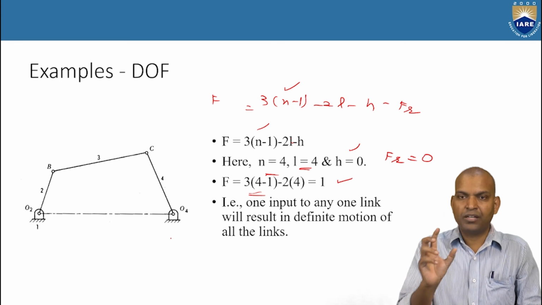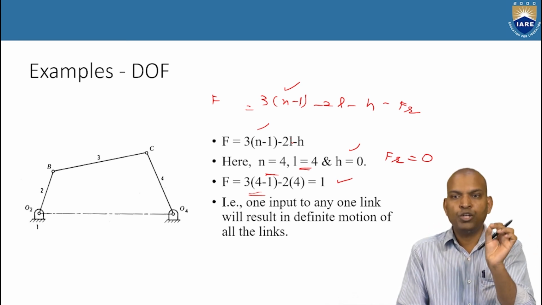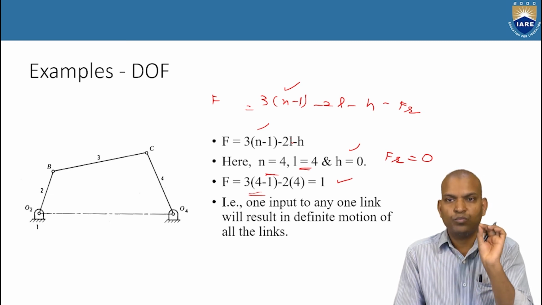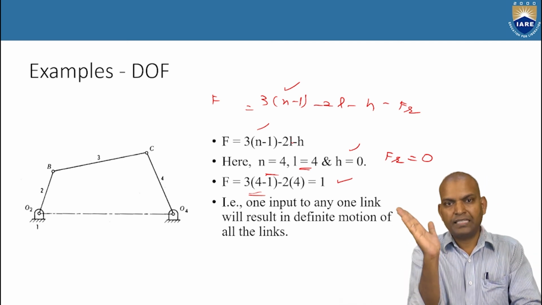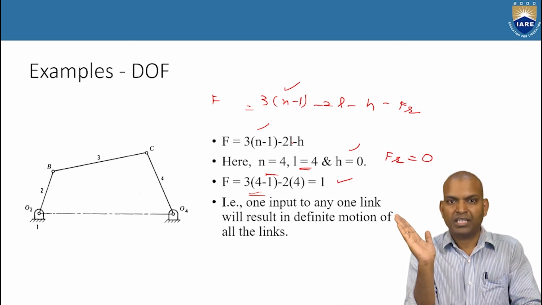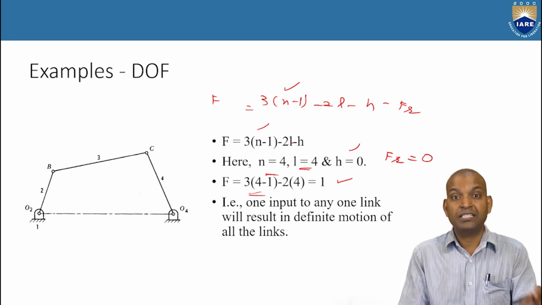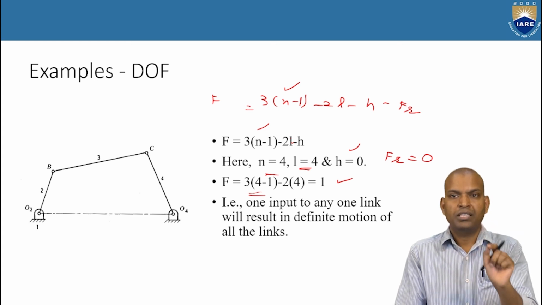What is the significance of single degrees of freedom? If we give motion as one input to any one of the links, it will result in a definite motion of all the links. That means it is completely constrained motion, in spite of giving forces in different directions. One input gives a definite motion.